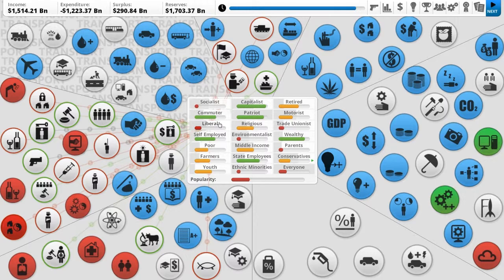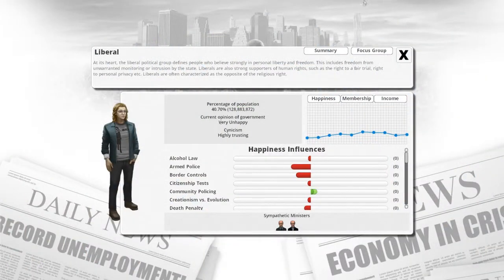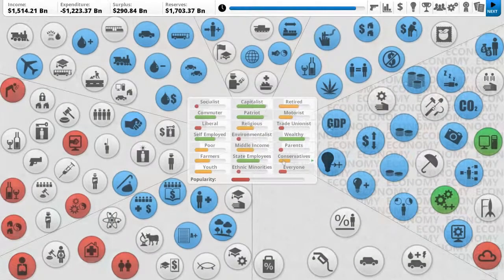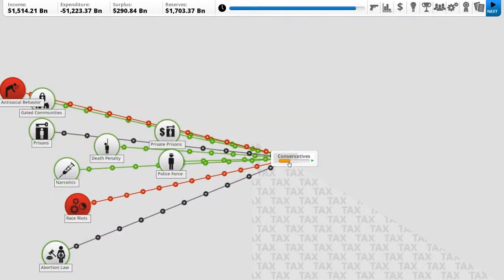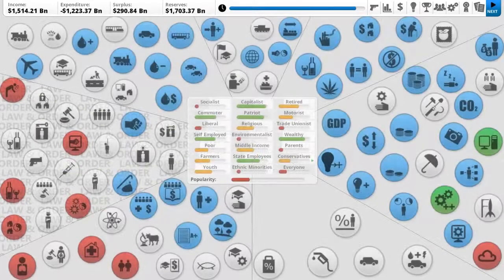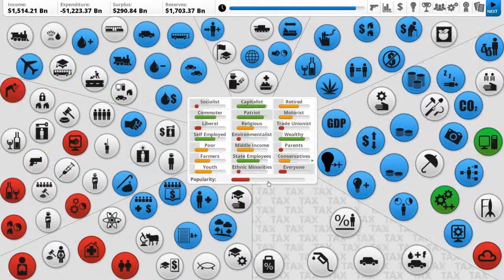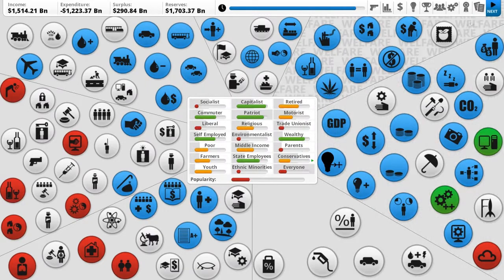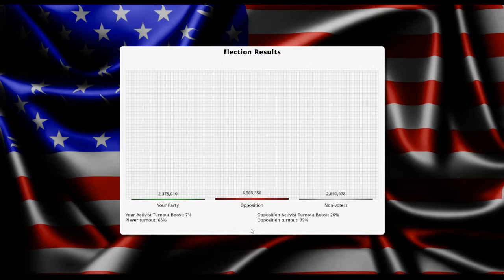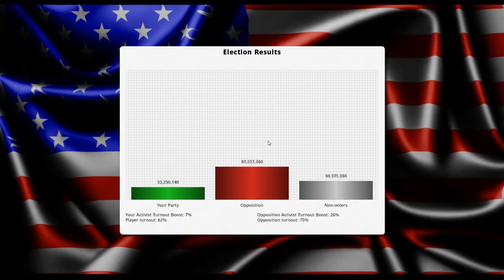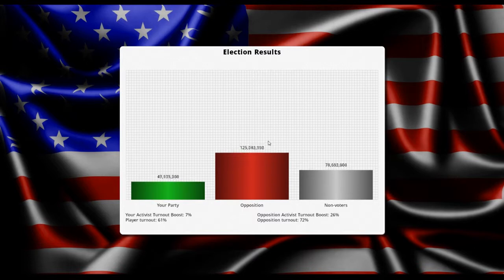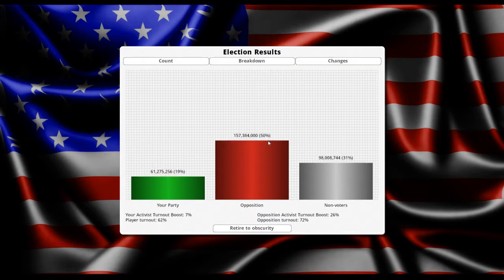I gotta leave in like an hour and 20 minutes. 40% of the population's liberal. We encourage gated communities. That would help. See, it's going up, but the election is next time. I'm not gonna have enough time. Yeah, there's the election. Look at that. I lost. Dang it, man. I lost. Well, guys, I publicly lost, but look how great the economy did.